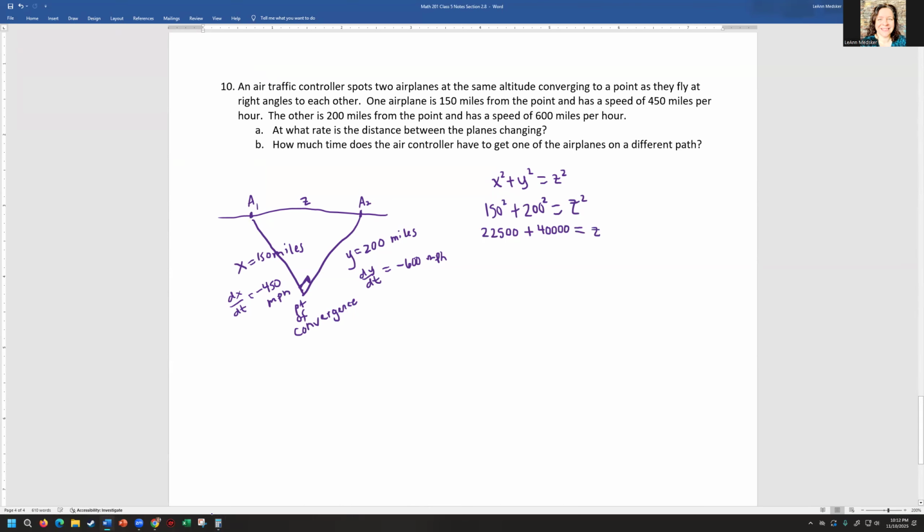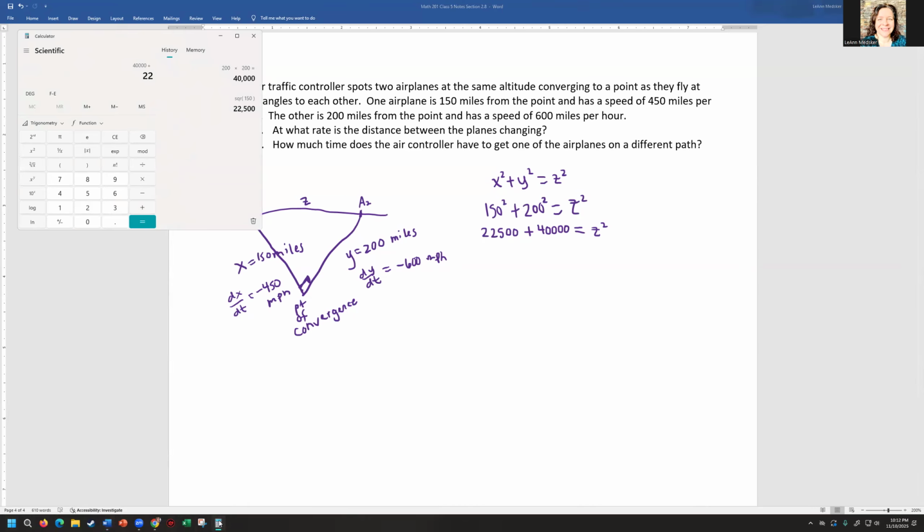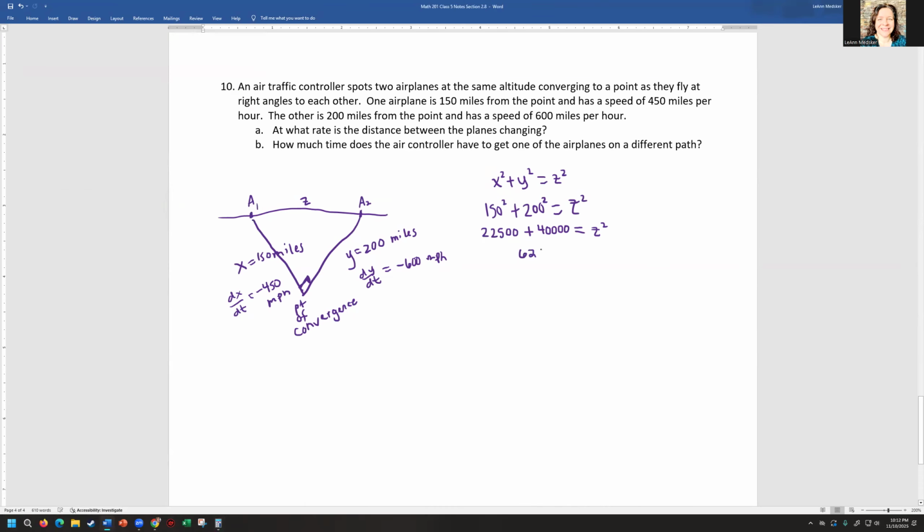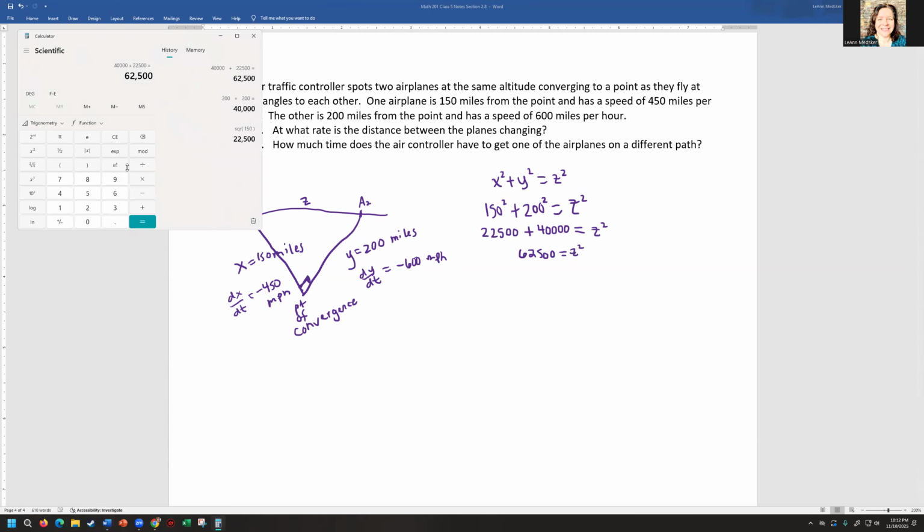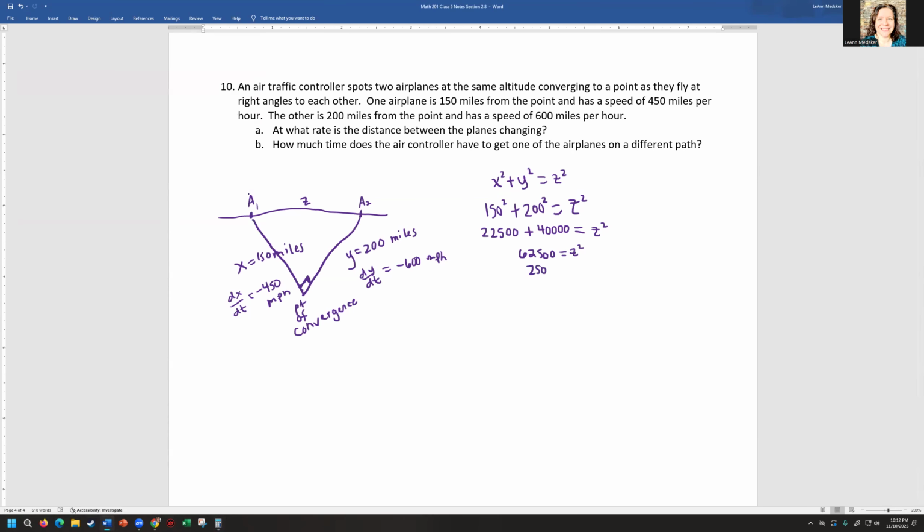And then we'll have to add those together and take the square root. So if we add them together, we get 62,500. If you take the square root of that, you're going to get our length of what was their original distance away from each other at that altitude, which is 250. Okay, so 250 miles.